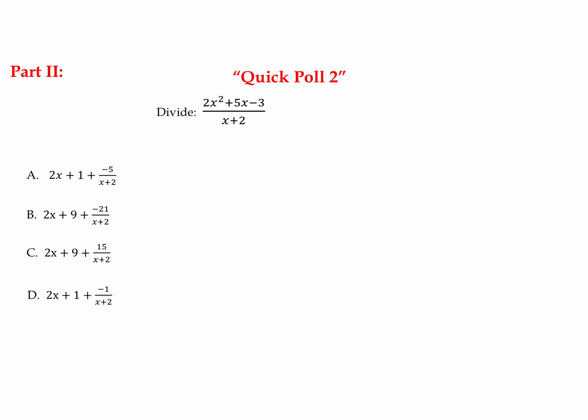All right, we are dividing this. Look at our divisor. Our divisor is x plus 2. That means it is a linear binomial, and I can do synthetic division. I could also do long division. It doesn't make any difference, but we're just going to do synthetic. The only thing we have to remember is that we want our divisor to always be the number that is subtracted from x.